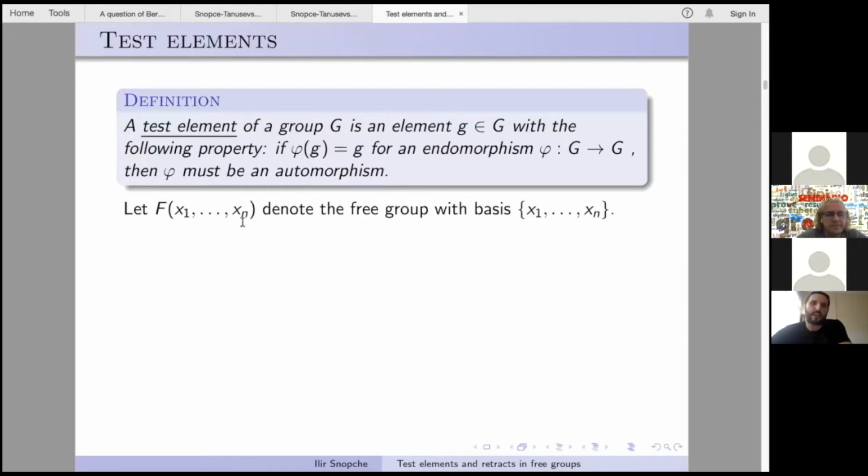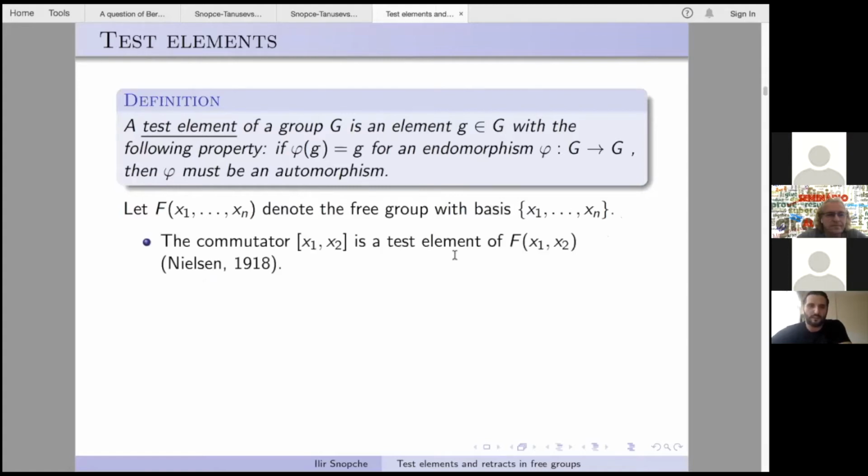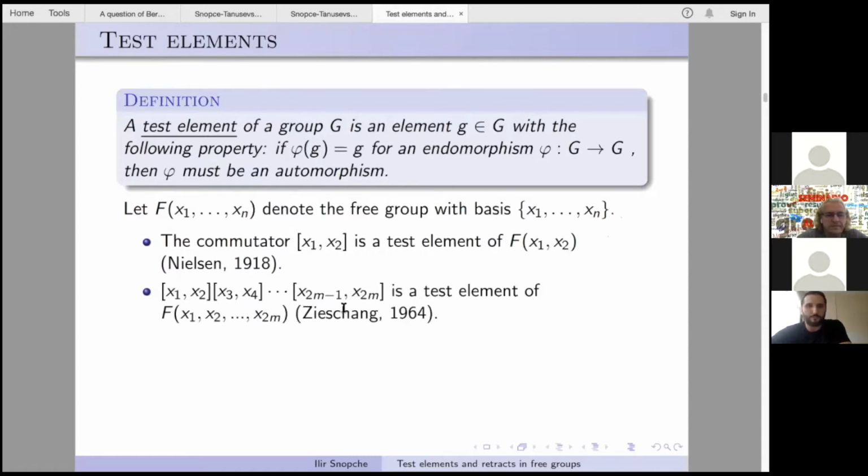So let F(x_1, ..., x_n) be the free group with basis x_1, x_2 up to x_n in the rest of this talk. Nielsen proved that the commutator [x_1, x_2] is a test element of F(x_1, x_2). Okay? And this result was generalized after 50 years, more or less, by Zieschang, who showed that in a free group with basis x_1, x_2, up to x_{2m}, this product of commutators is a test element.